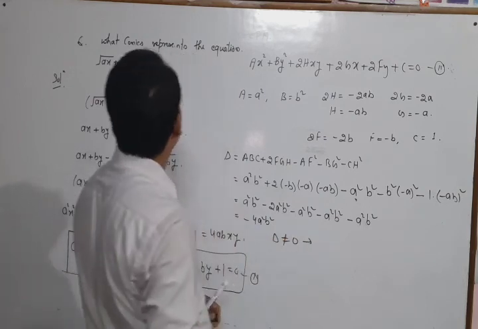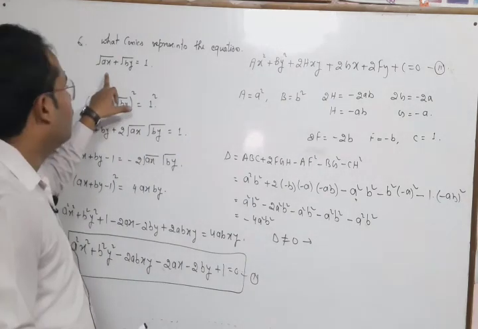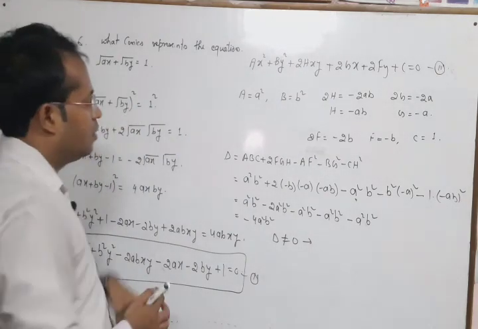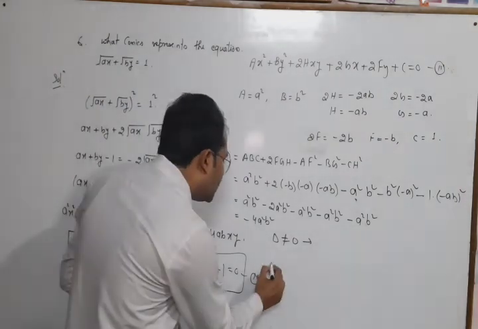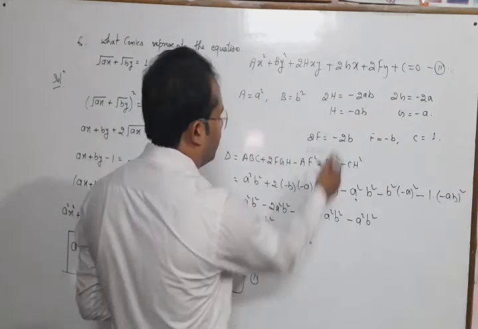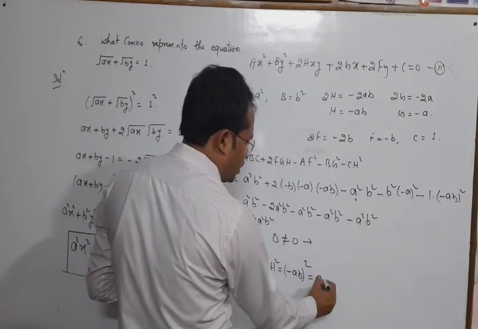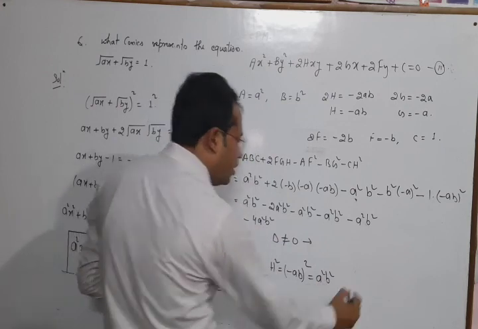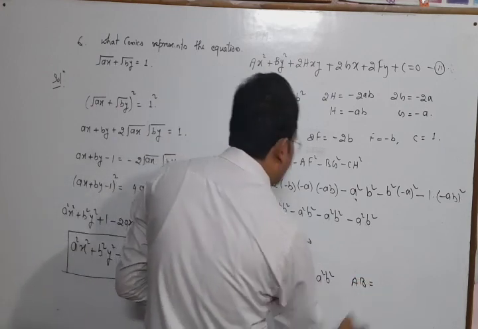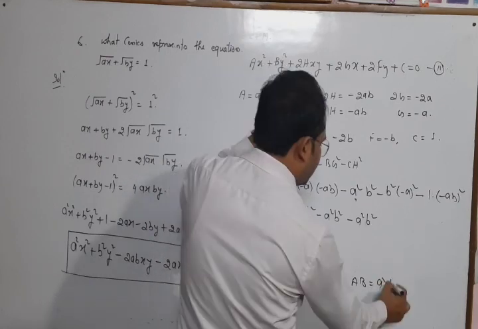Then you can see that this equation represents a conic section. But what kind of conic section? H square will be minus ab square, which is a square b square. AB is the value of a square times the value of b square.